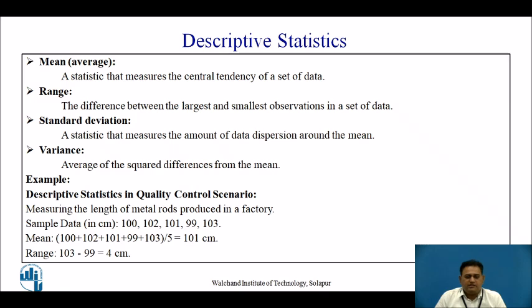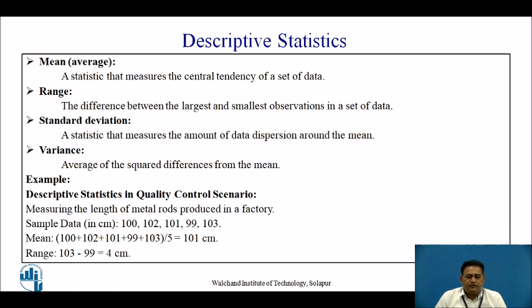Now let's see a simple example of the descriptive type of statistical quality control. Here there are metal rods with various lengths. There are 5 pieces which have been measured: the first is 100, the second is 102, the third is 101, then 99 and 103.